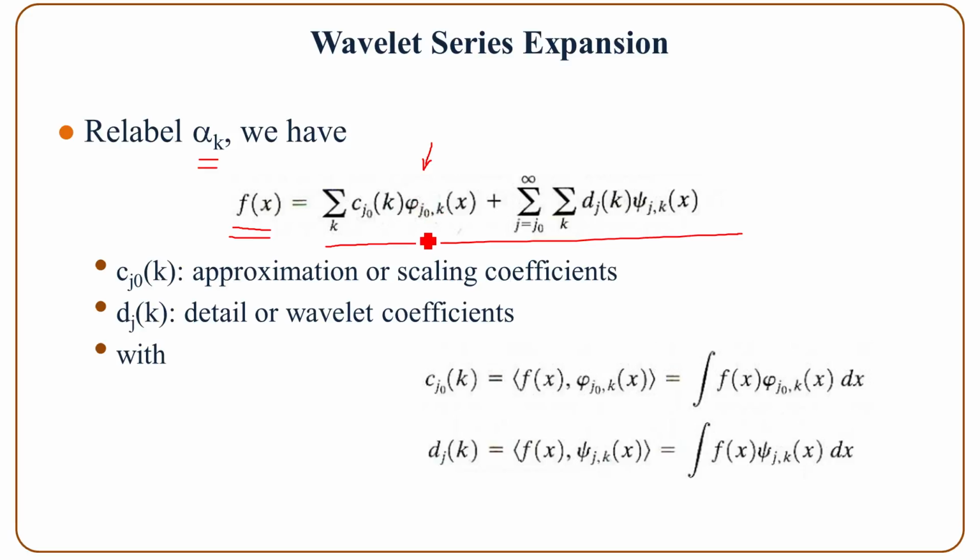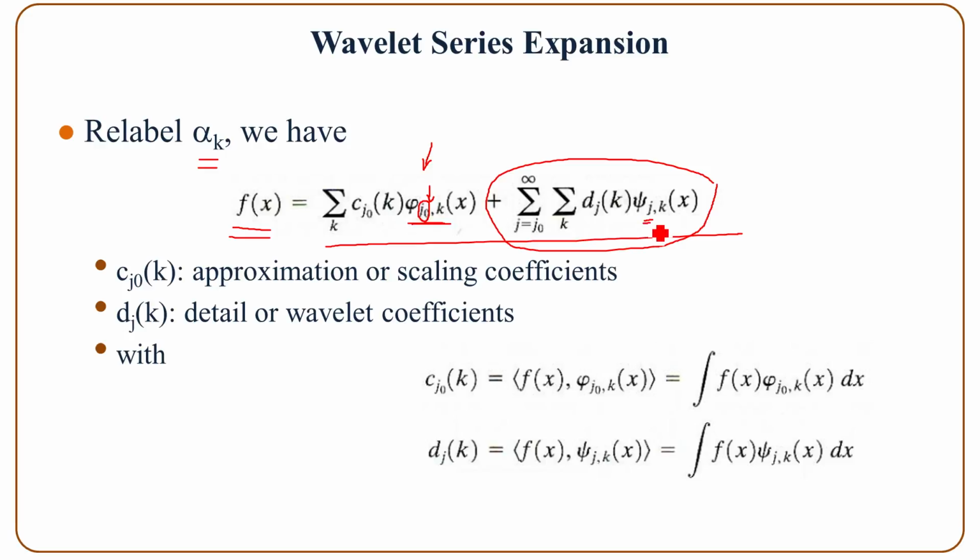Basically, you express f of x using the scaling function at level j0, and the rest, which is the detail, is expressed using the wavelet functions.